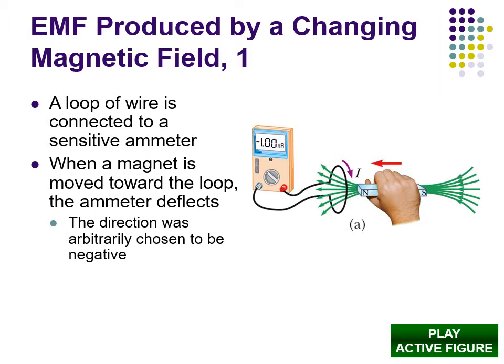And so what's going to happen is if you wrap your fingers like that, you would see that current would go up towards the top, but the picture itself has current going down towards the bottom. And the reason is that the current is going to be produced in order to counter that flux. So as you're increasing magnetic flux through the loop of wire, what happens is the wire induces a current.